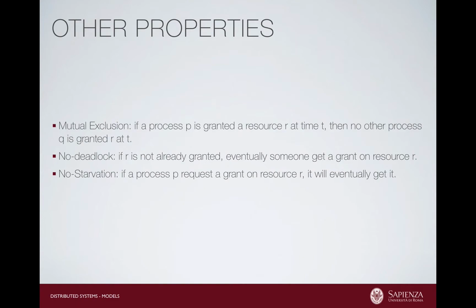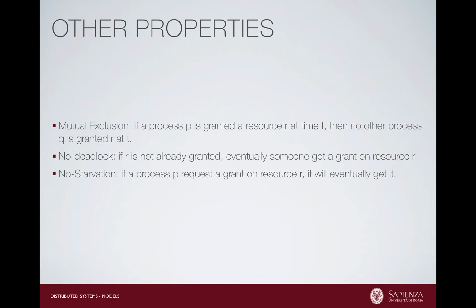So to prove that an algorithm does not ensure a liveness property, you have to show that there exists an infinite execution of the algorithm where the property is never achieved. And so if you create an algorithm with deadlocks, then what you have to prove is that there is an execution with an infinite number of steps, and in this execution there is a deadlock, and so the no deadlock property is violated.